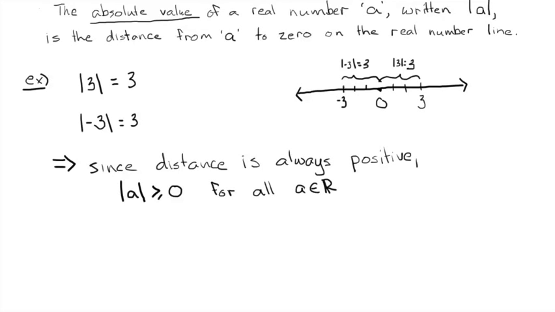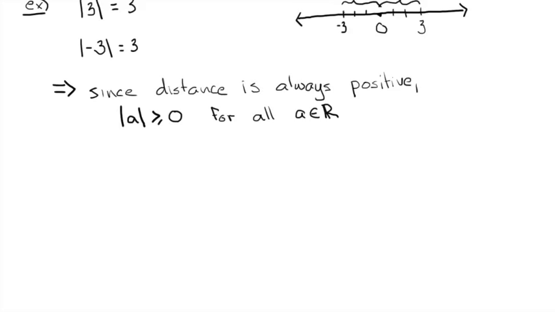Okay. So basically, absolute value is always a positive number. Some people will define it this way. They'll say it's whatever this number is without regard for sign. So if it's a negative number, it just becomes positive. If it's positive, it stays positive.